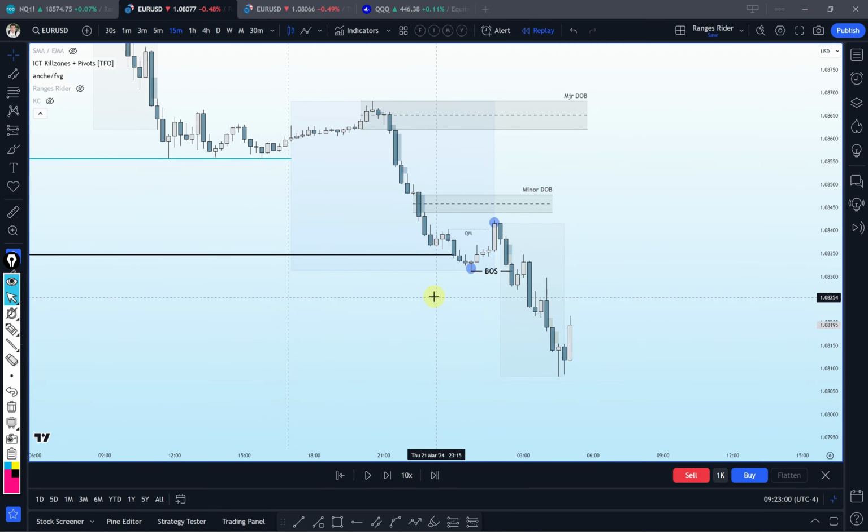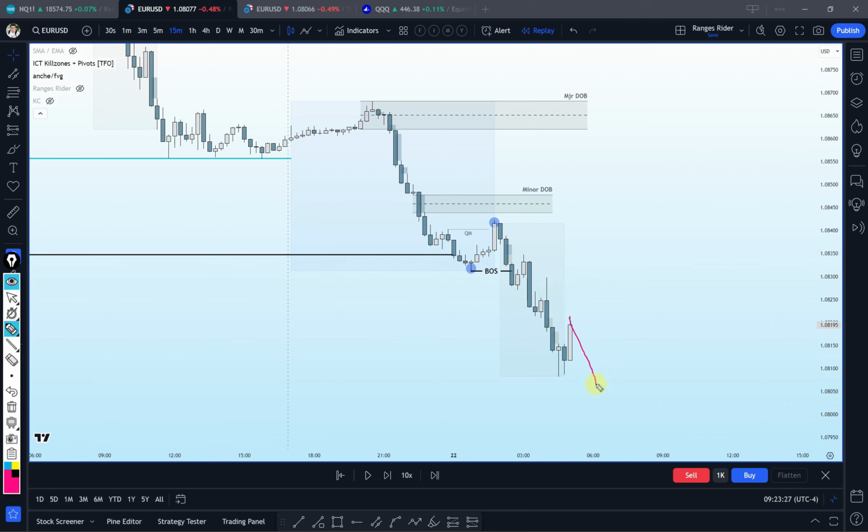After the break of structure, this is the first swing which we were looking for the market to take, so we can confirm our range. And rather than the market taking this swing, the market just continuously goes down, and then we have another swing, right?